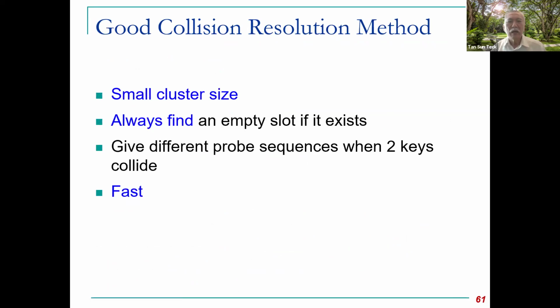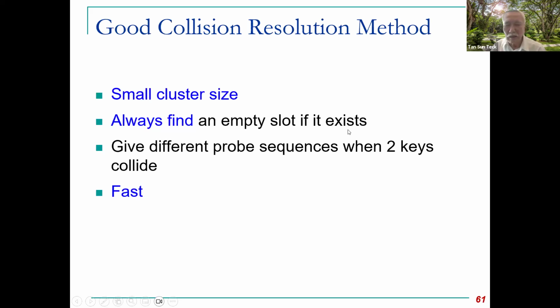Okay, so a good collision resolution method should also have this property or characteristic. The small cluster size, we don't want linear probing because it creates linear clustering. We don't want to use quadratic probing because it produces secondary clustering. And of course, it must always find the empty slot if it exists, right?